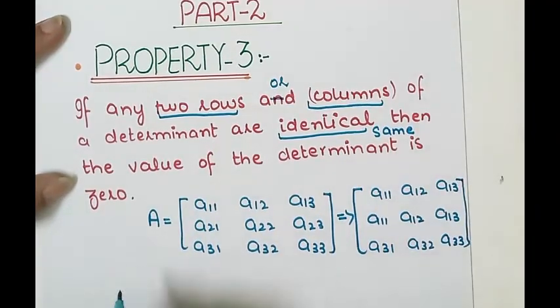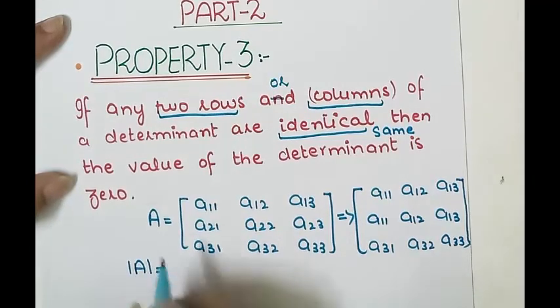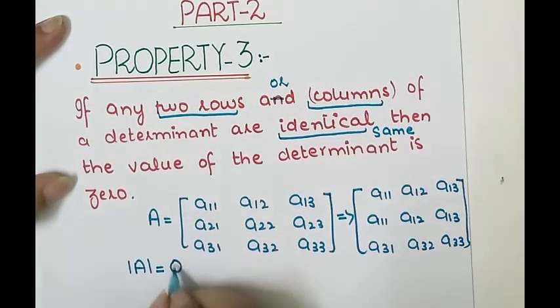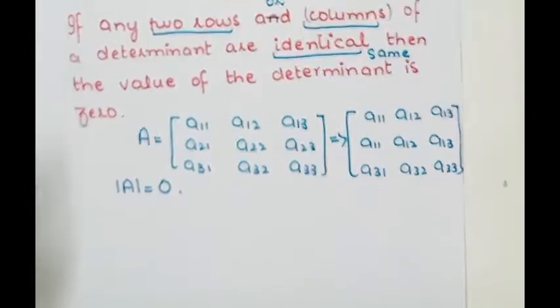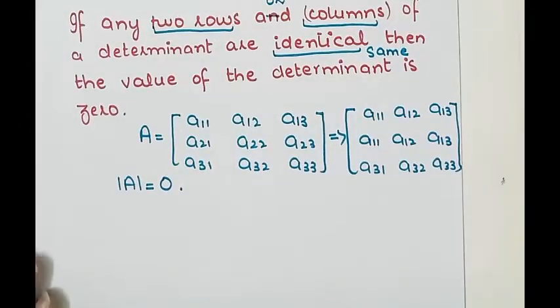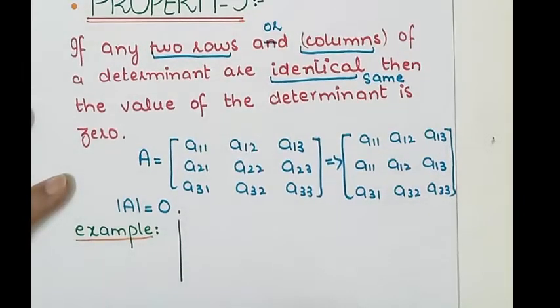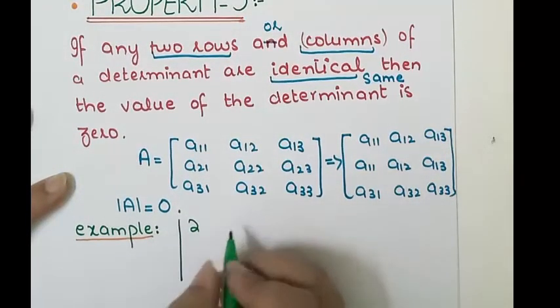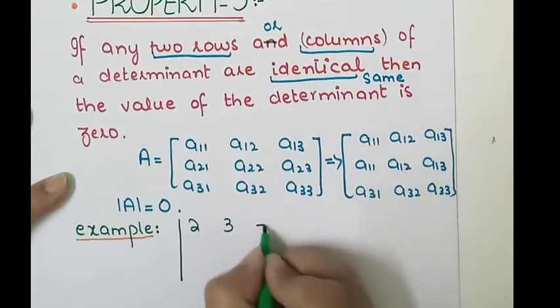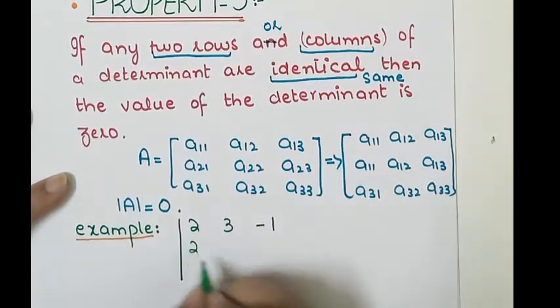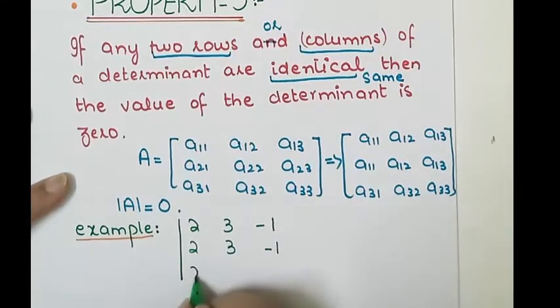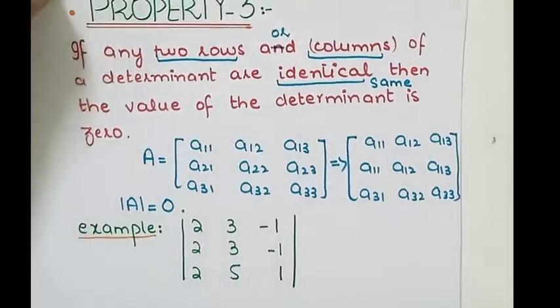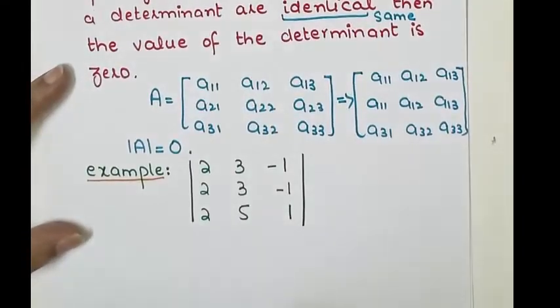Then when we take the determinant of this matrix A, we will get 0. So let's take an example and understand this concept more easily. Suppose we have a determinant with rows 2, 3, minus 1. We have the same row 2, 3, minus 1, and last we have 2, 5, 1.